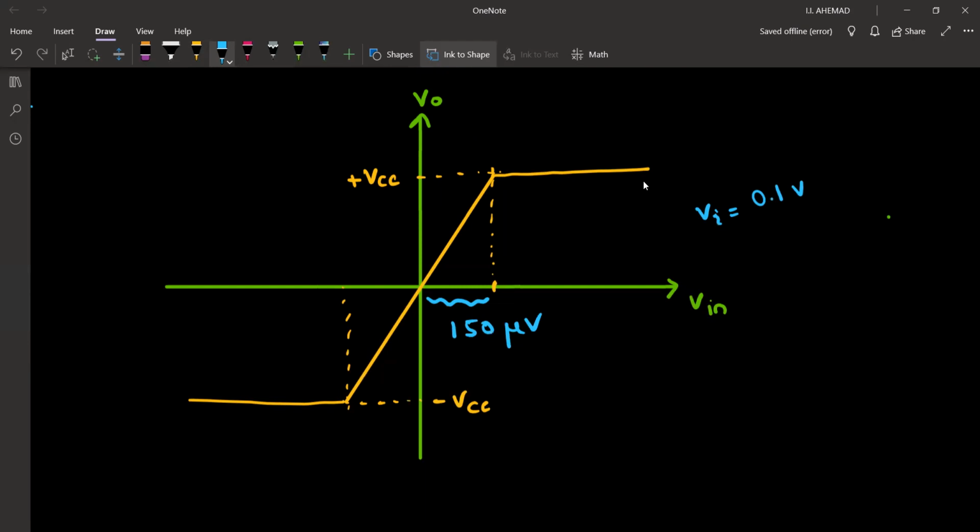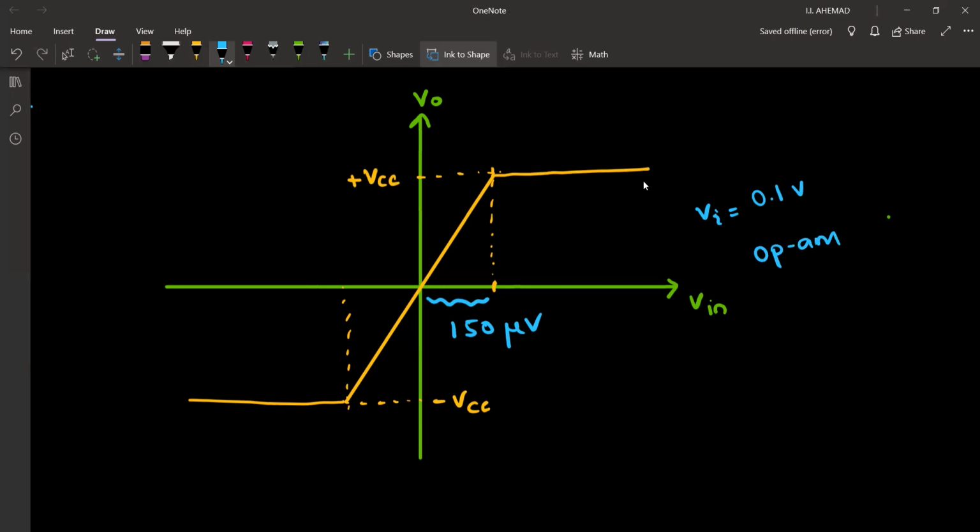The maximum value it can amplify is 150 microvolt, which is a very small voltage difference. Then how about 0.1 volt? Obviously, it is going to be in the saturated region. Did you get that idea? So although this is an amplifier, we are not able to use this amplifier as an amplifier in the open loop. Do you get it?